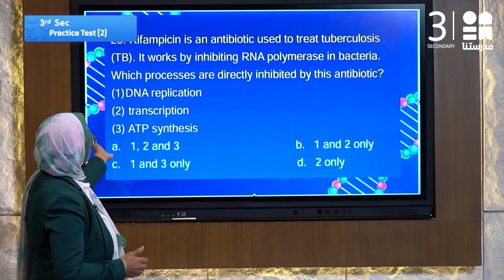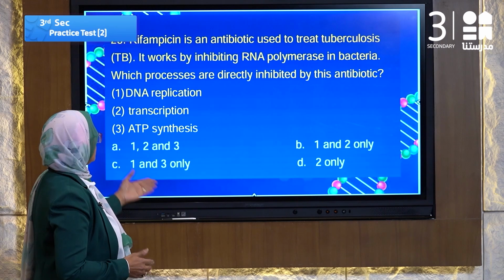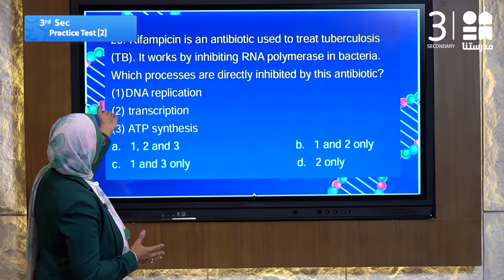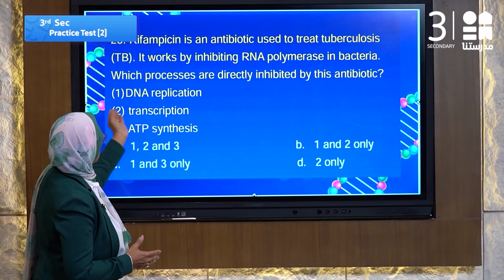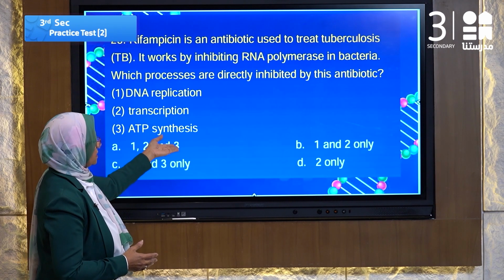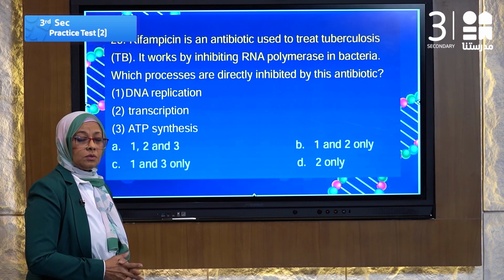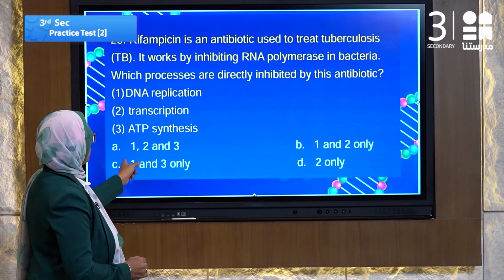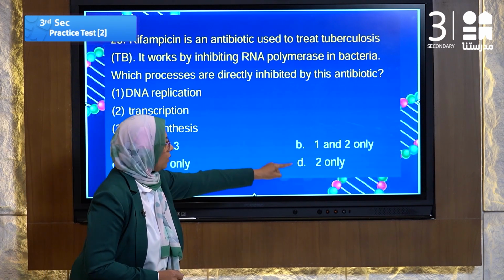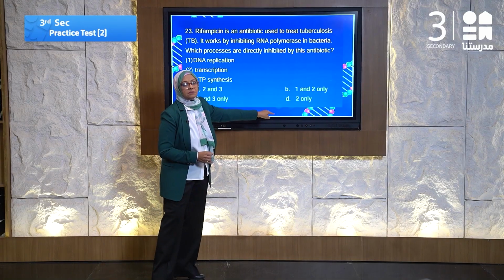Which processes are directly inhibited by the antibiotic? There are three processes: 1, DNA replication; 2, transcription; 3, ATP synthesis. The choices are: 1, 2, and 3; 1 and 2 only; 1 and 3 only; 2 only.